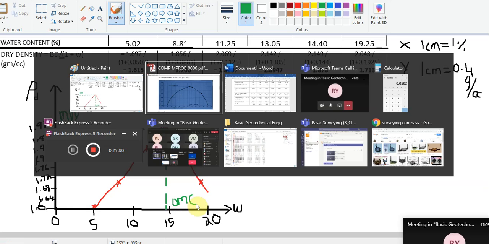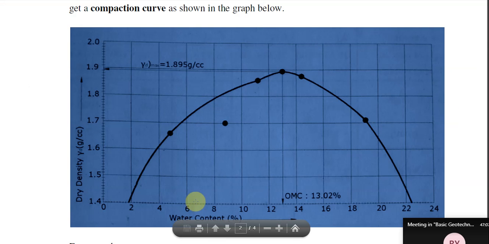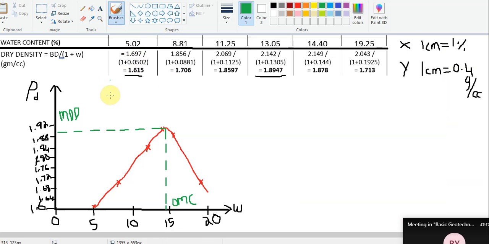So maximum dry density is around 1.95 gram per cc. Optimum moisture content is 13.0, 1.89 and 13.0. So maximum dry density is approximately 1.89. What I have drawn here is a very rough graph.